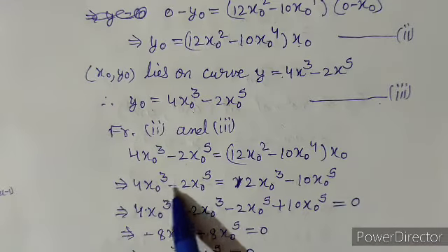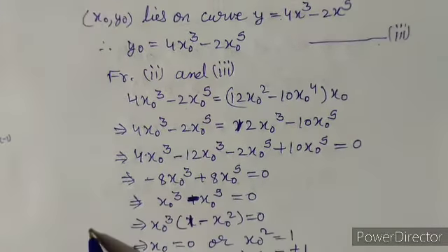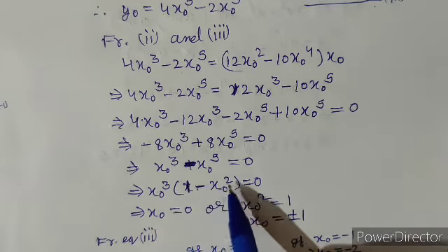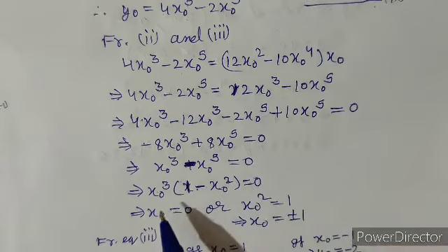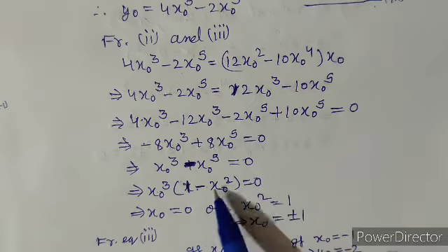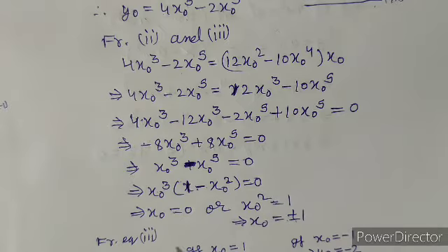And on solving this, we will get x0 cube into 1 minus x0 square is equal to 0, and this will give us x0 equal to 0 or x0 square equal to 1, or we can say x0 equal to plus minus 1.